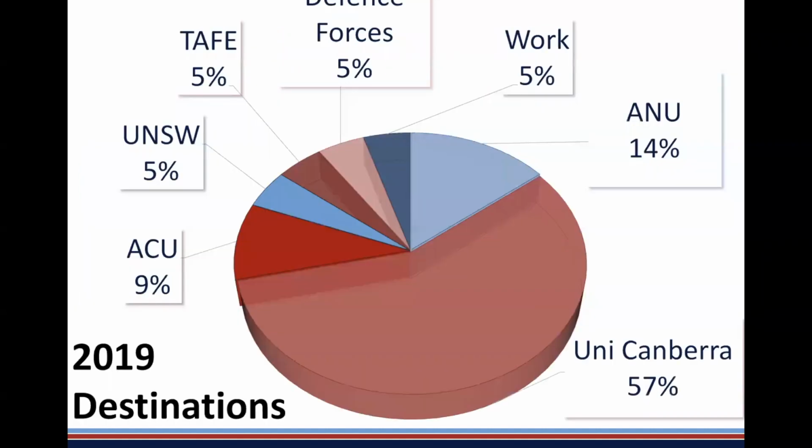And just so you're interested, that's where they did go last year. They went off to ANU, Defence Forces, TAFE, UNSW, ACU, and a few were off to work straight away because that's what they wanted to do. So what you do afterwards is up to you. Those options are there for you. The doorways are open for you, and you've just got 2 years to do the best you can and be realistic about your targets.